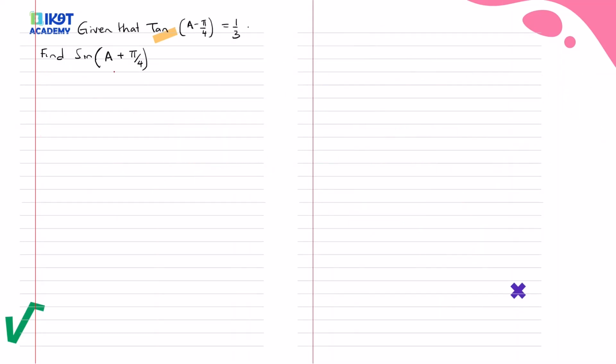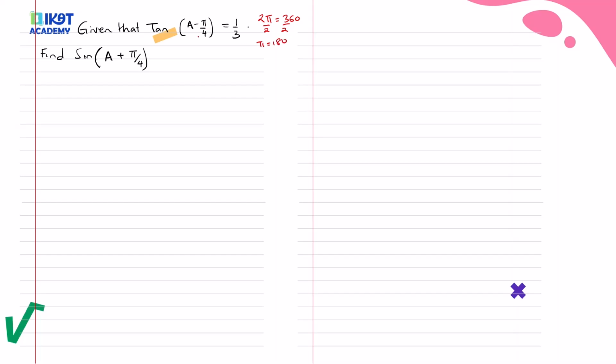So we proved that, and now we are given tan of a minus pi out of 4. So what should we remember? Remember that 2 pi is equal to 360, so we divide through by 2. What is pi? Pi is 180.